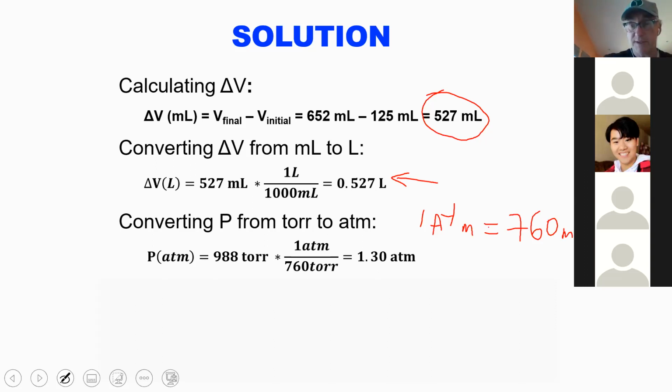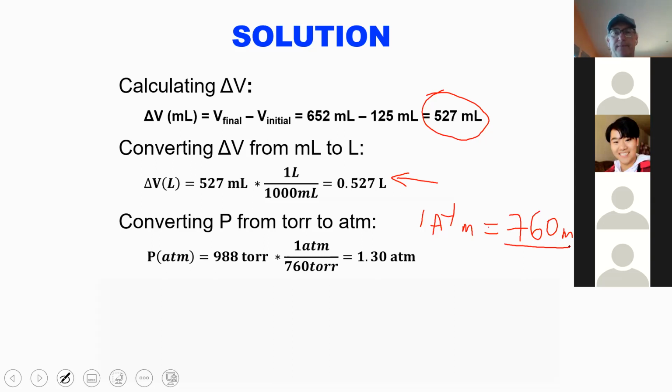We actually have one of those old school barometers in the lab, something that's used to measure pressure. If you have a column of mercury against a vacuum, the atmosphere will push that up 760 millimeters into the air.